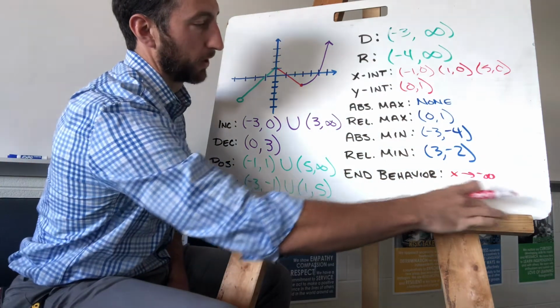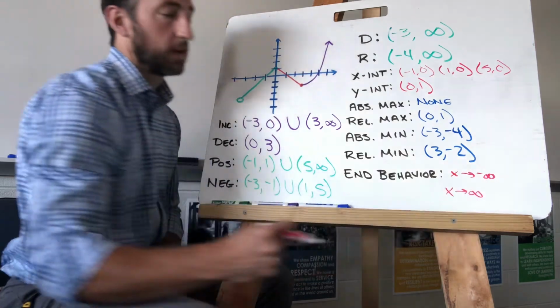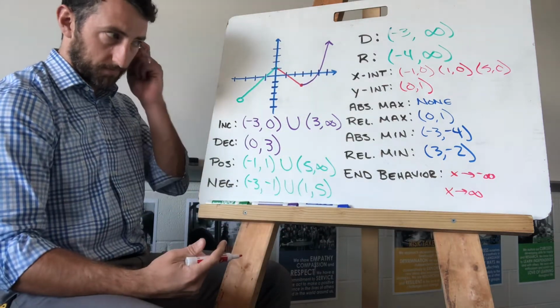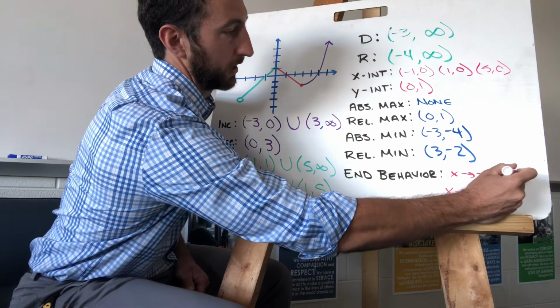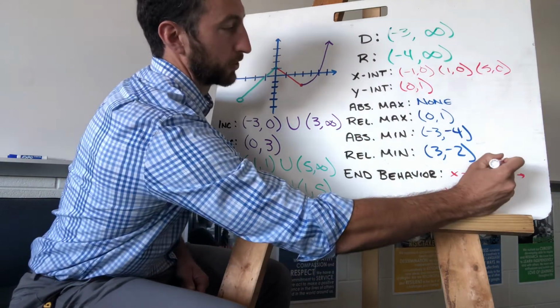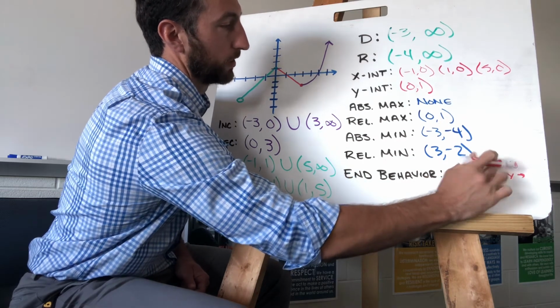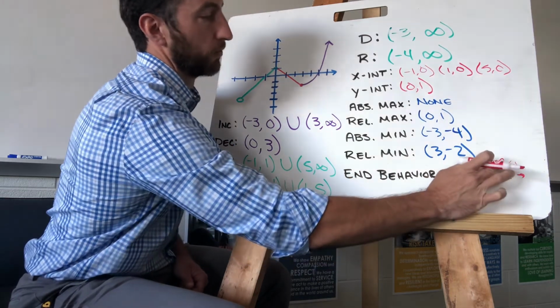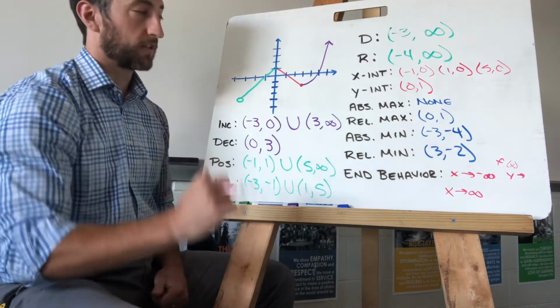And then my other part is whenever x goes to positive infinity, which is the right side of my graph. So if my x goes here, you're going to see this written as y, sometimes you're going to see it as f of x. That's really bad. Let me redo that f. So you'll see f of x or y, either one, they're kind of interchangeable. They're the outputs of our graph.